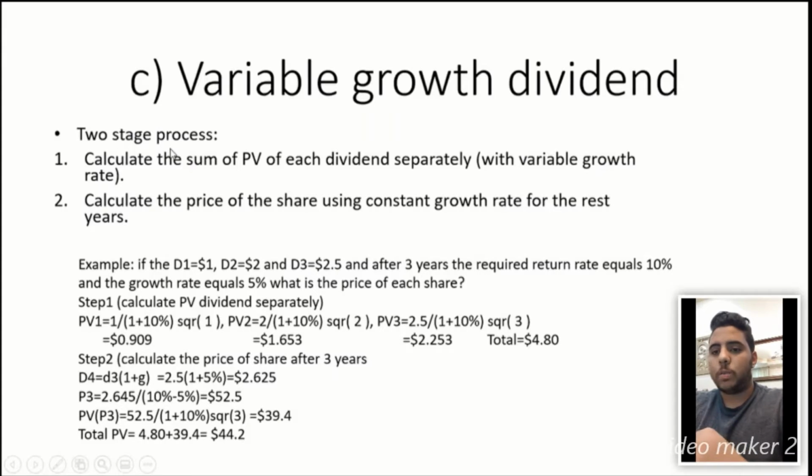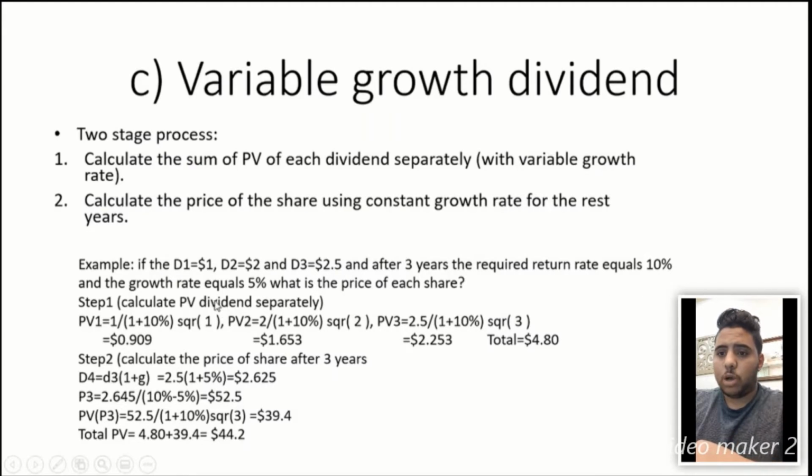Then we calculate the price. Let's see a quick example here. It gives us D1, the dividend for the first year, and D2 and D3, and then after 3 years, it tells us that the required return rate equals 10% and the growth rate equals 5%.